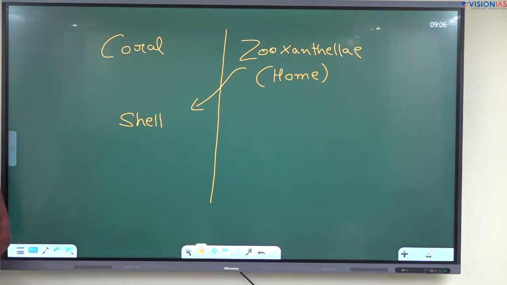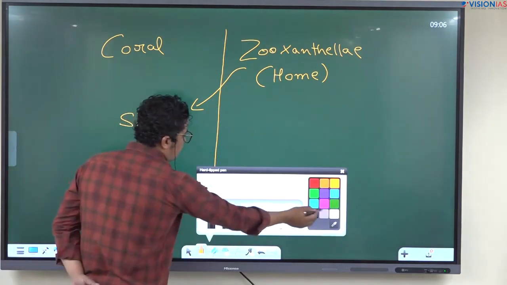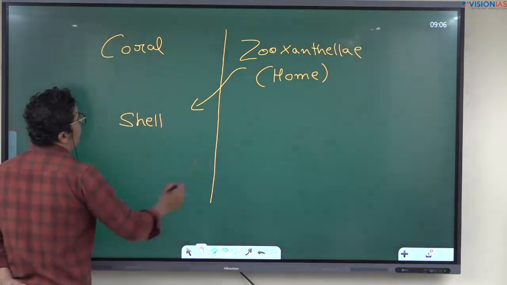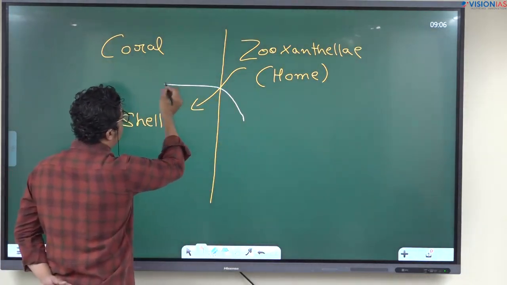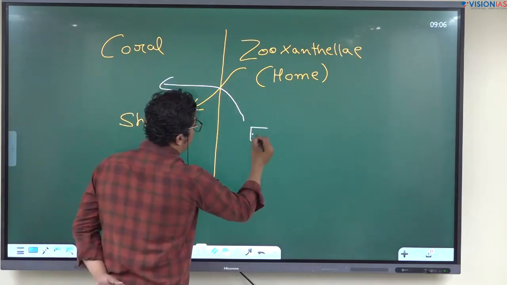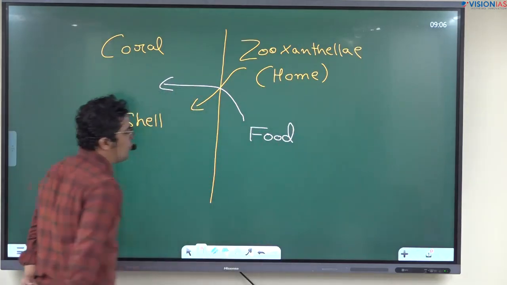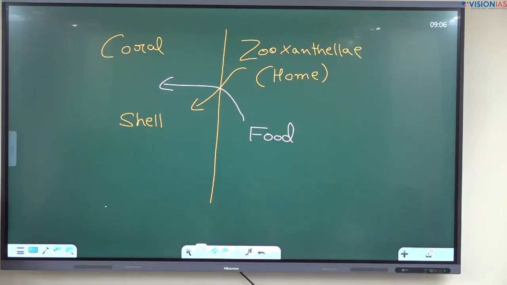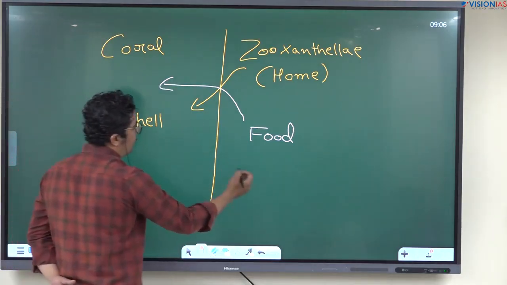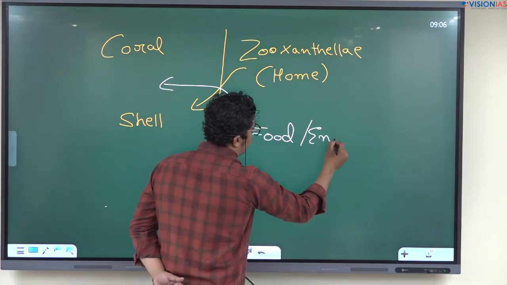Corals are providing them a home or a place to stay. While zooxanthellae is a plant, it provides food to corals because zooxanthellae can do photosynthesis. It can produce its own food. So zooxanthellae provides food and energy to corals.